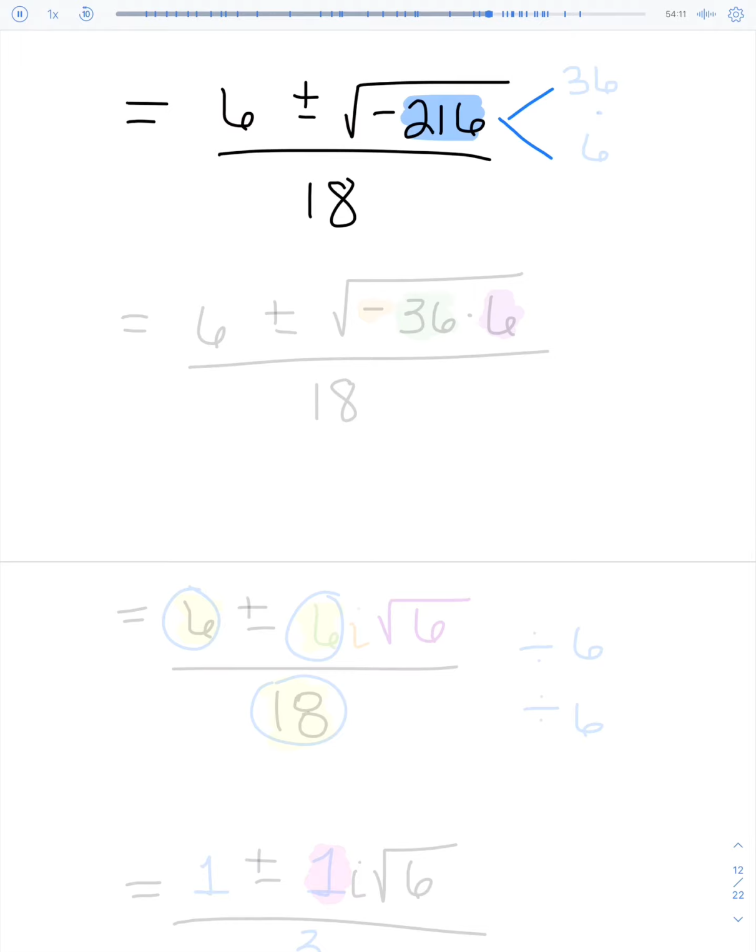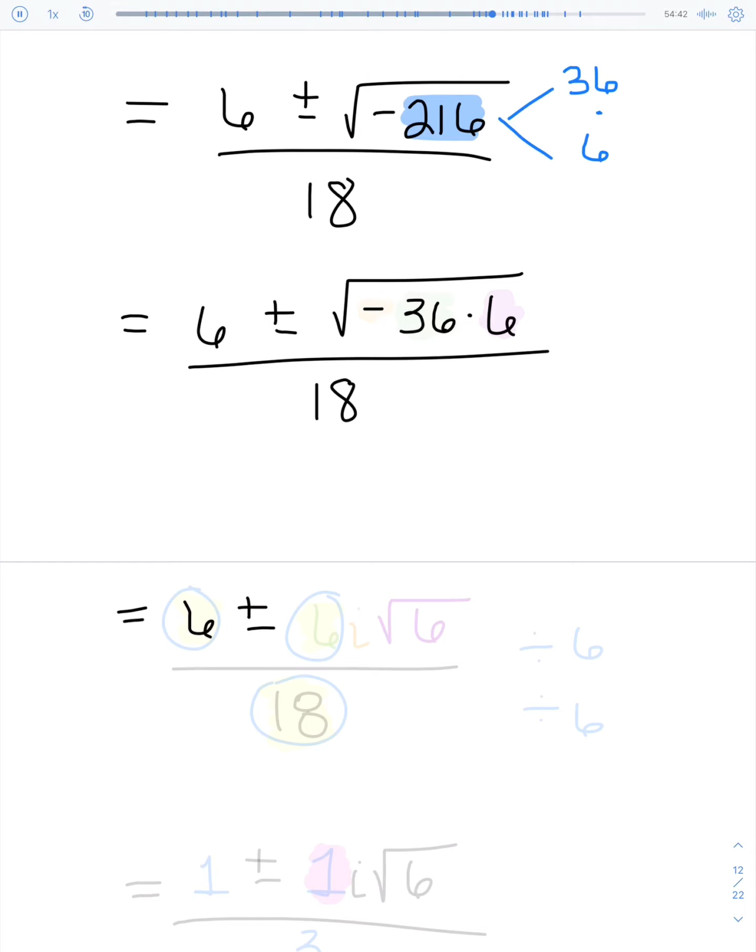Well, remember, 216 is divisible by 6. Actually, it's divisible by 36. It's 36 times 6. So here's the idea, now we've got 6 plus or minus the square root of negative 36 times 6. Well, let's see what this is going to do for us. So we've got our 6 out in front, our plus or minus.